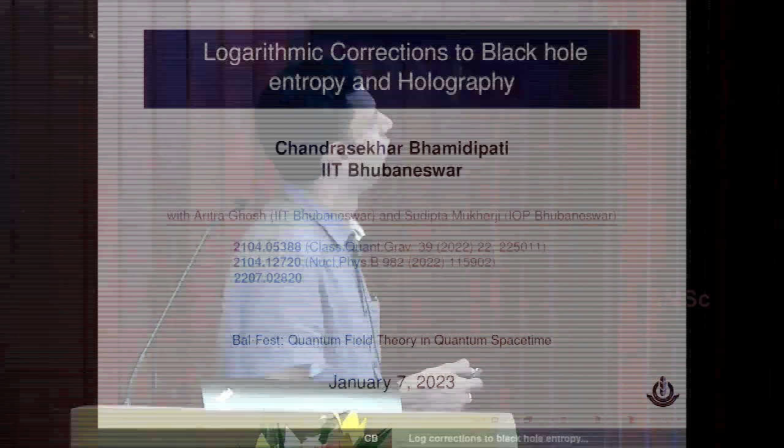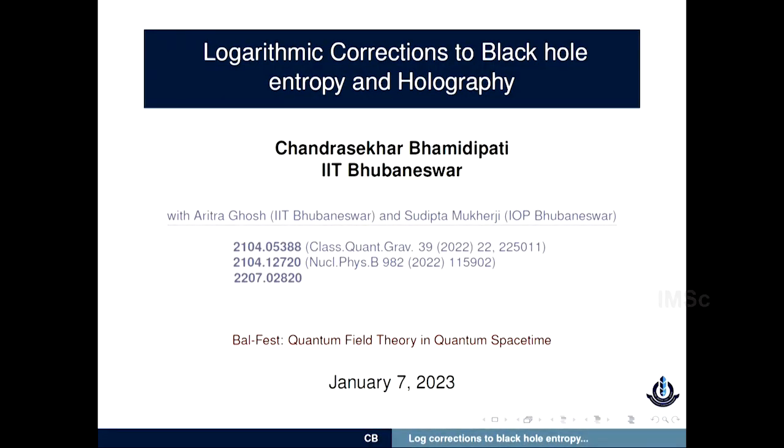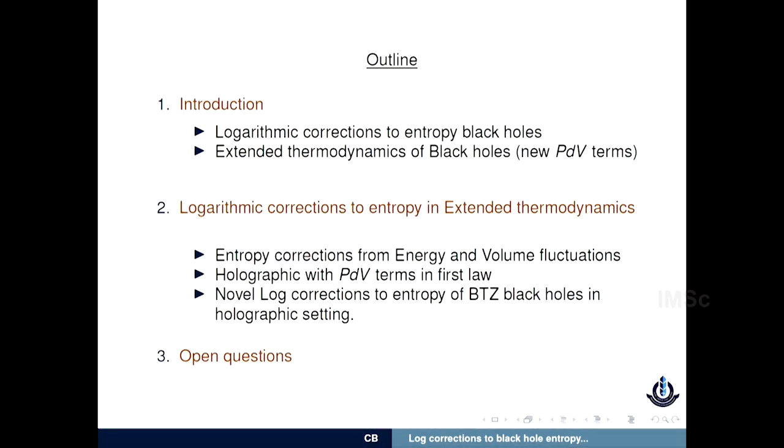Okay, so the title is Logarithmic Corrections to Black Hole Entropy and Holography. This is work in progress with my student Aritra Ghosh and Shudipta Mukherjee at IOP Bhubaneswar. A couple of papers are published and one is on arXiv. So this is the outline of the talk. I will start with a brief recall of some results on logarithmic corrections to entropy of black holes and what is called extended thermodynamics of black holes, which has new pressure and volume terms, and then come to the computation of entropy corrections from energy and volume fluctuations.